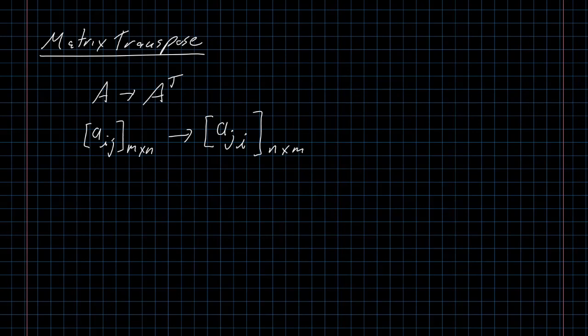Symbolically, that's kind of the powerful tool of thinking about it. But what we're really doing here, if you think about what those subscripts mean, we're taking the row index and we're turning it into the column.